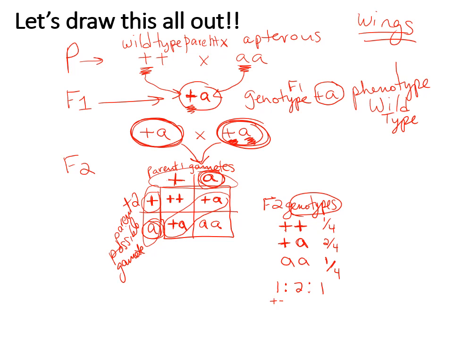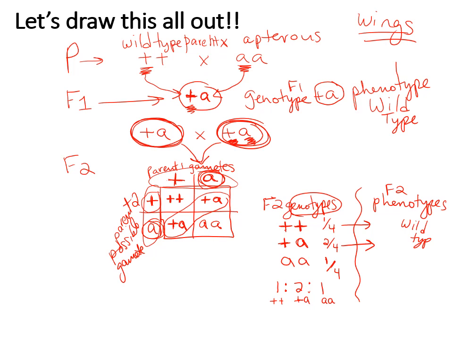And you could write the genotypes underneath to remind yourself what genotypes you're referring to. Then you also have to keep in mind the F2 phenotypes for the monohybrid cross. So what does plus plus look like? Well, that looks like wild type wings, right? But what else looks like wild type wings? Plus A, right?